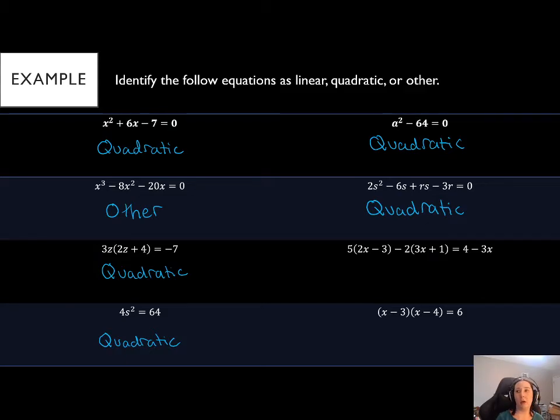Okay, now underneath it, we have 5 times 2x minus 3 minus 2 times 3x plus 1 equals 4 minus 3x. So we have 5, which is a number. There's no variable there, times something with an x. So that's just an x. And if you get just something with an x, that's an exponent of 1.